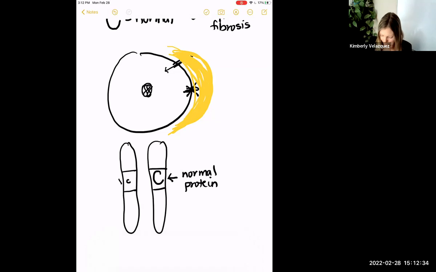This is going to be the bad copy of the gene. So you're not making normal protein. But so long as you have one normal copy of that gene, you often don't have that disorder. When that's the case, then that means that trait is inherited through the pattern of complete dominance.